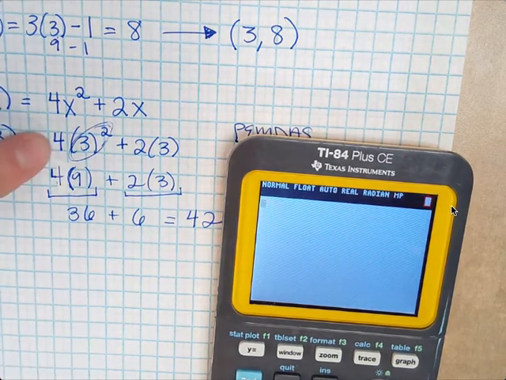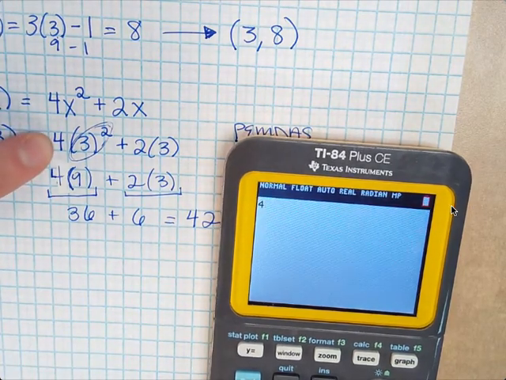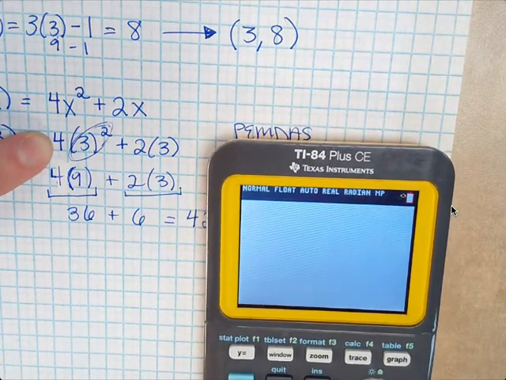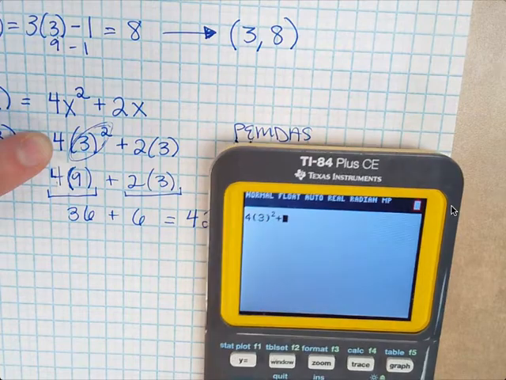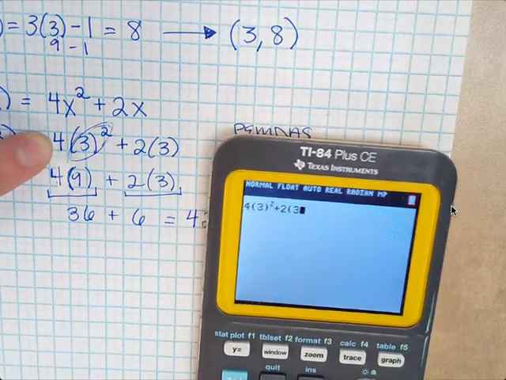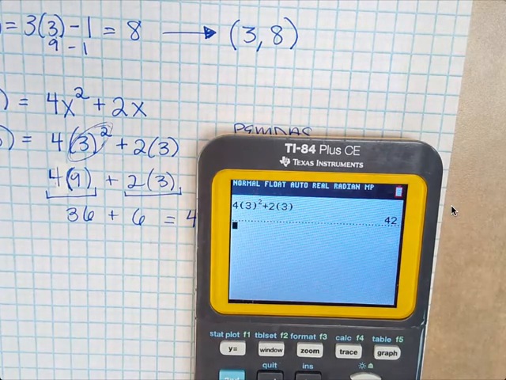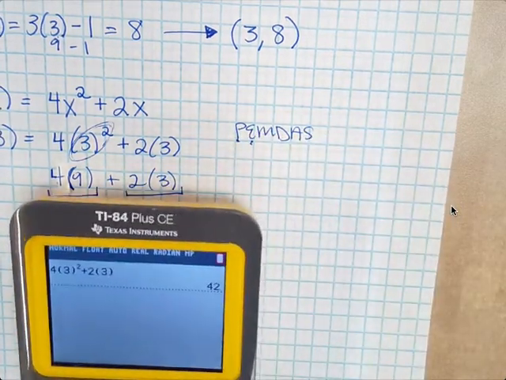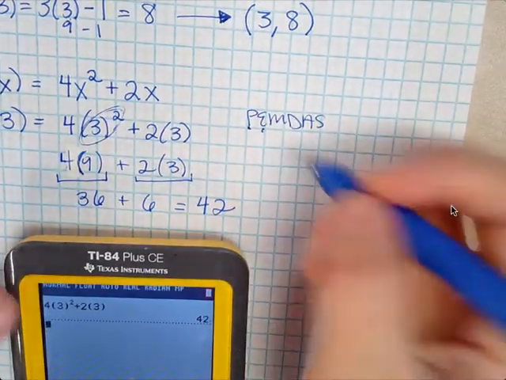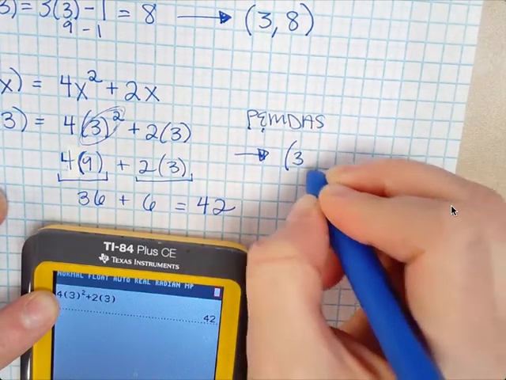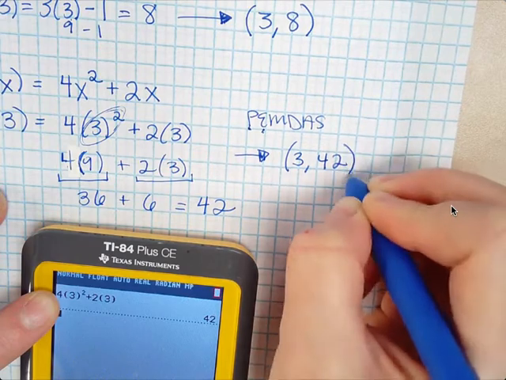So we'll put in this: 4, parentheses, 3 squared plus 2 times 3, equals 42. So we could write this as we plugged in, the input was 3 and the output was 42.